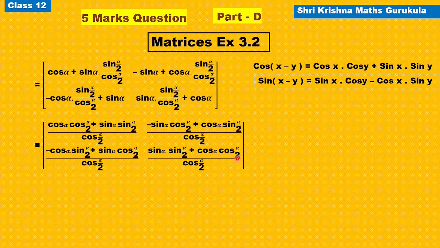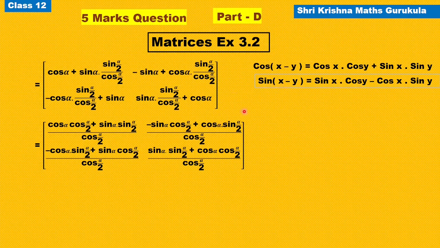So this is cos x cos y plus sin x sin y. So it is again cos of x minus y. These two have to be sin of x minus y or sin of x plus y. But there is a negative sign. It can't be sin of x plus y. It has to be sin of x minus y only. There are a few modifications that you have to do to get it to this form.